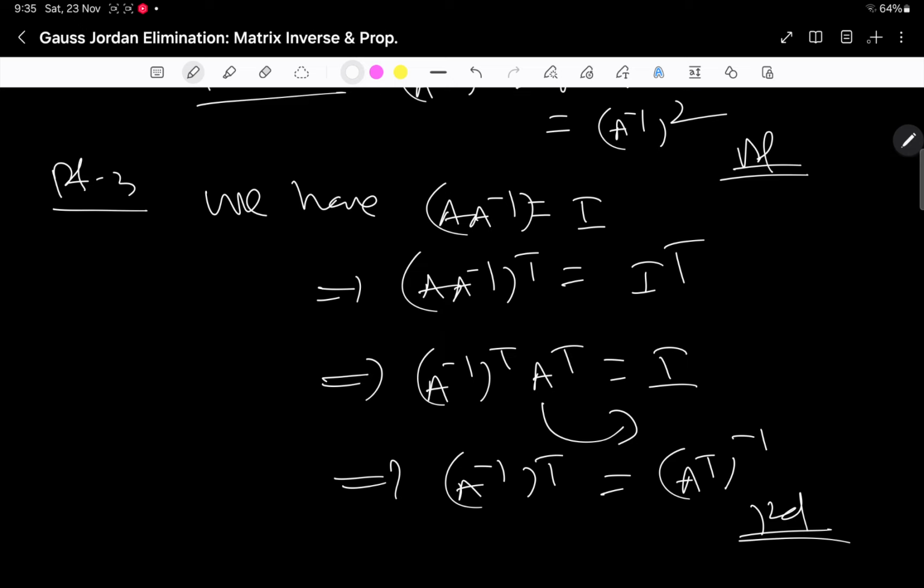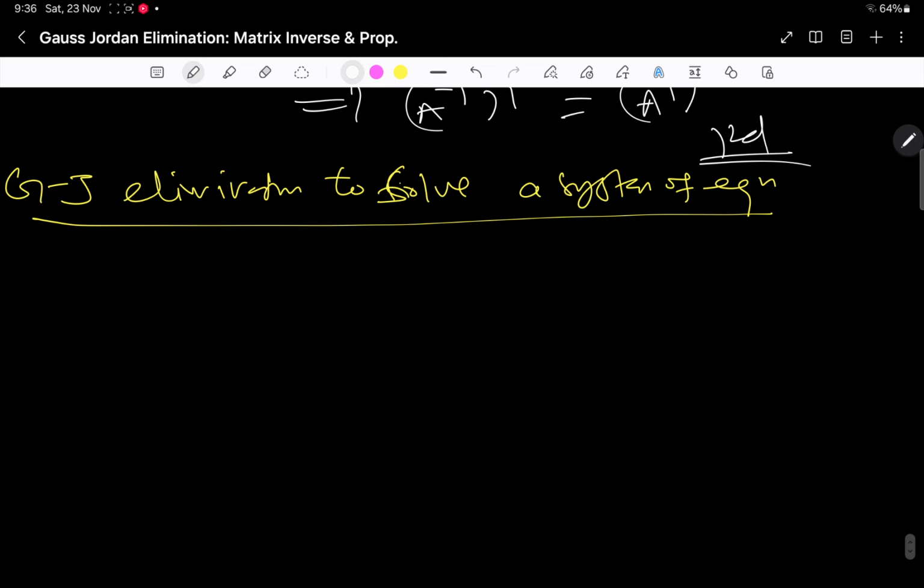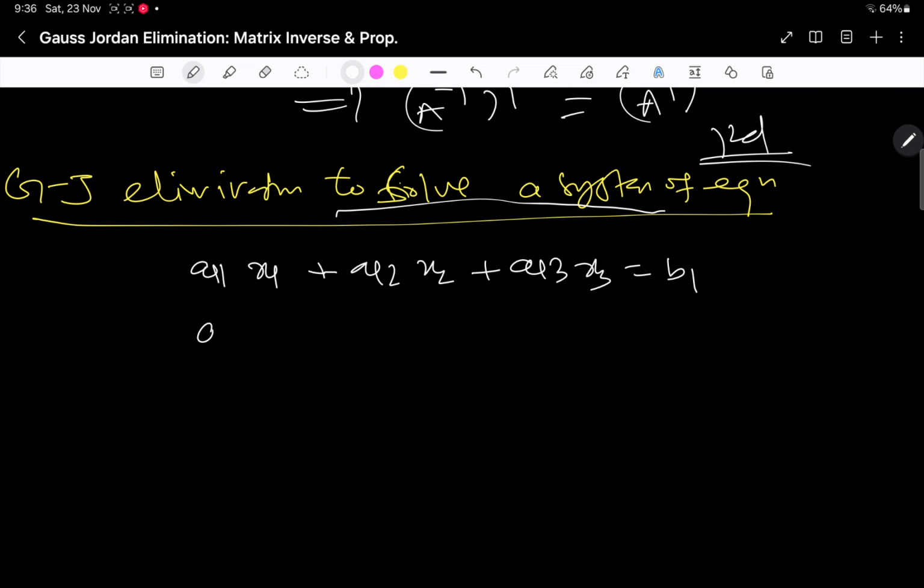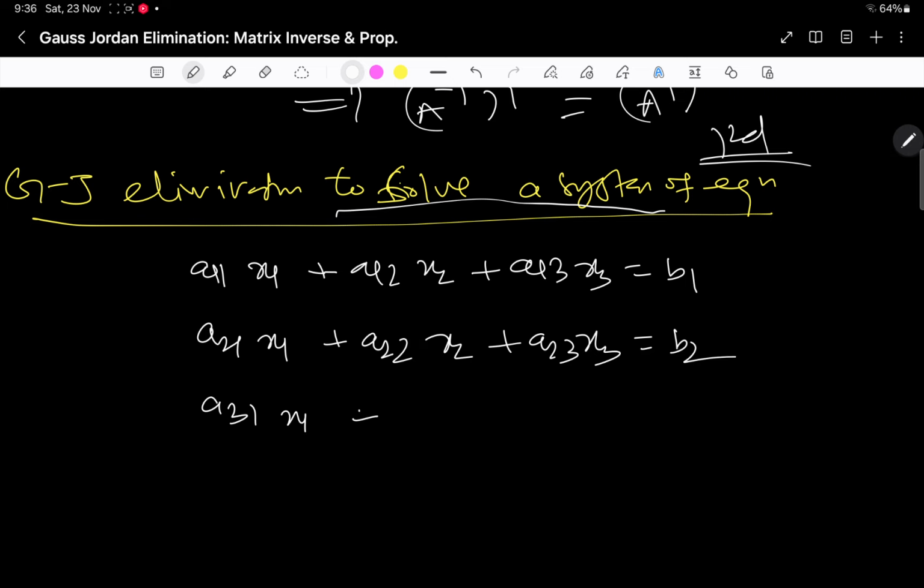Okay. So let me tell you how this Gauss-Jordan elimination is used to solve a system of equations. Suppose you are given a system of equations: a11x1 plus a12x2 plus a13x3 is equal to b1, a21x1 plus a22x2 plus a23x3 is equal to b2, a31x1 plus a32x2 plus a33x3 is equal to b3.